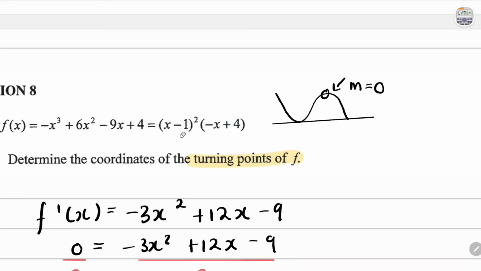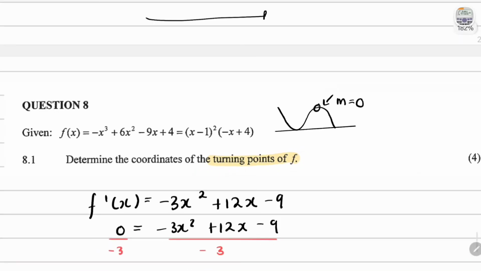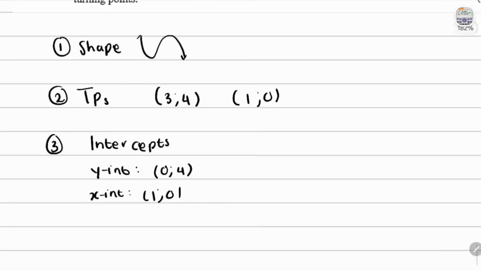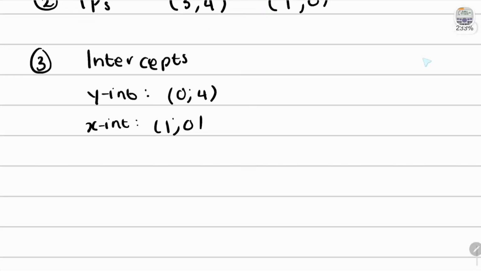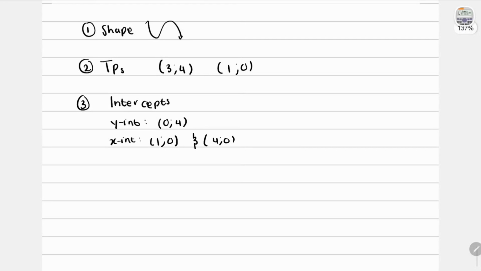You see, if you equated these to 0 as they are, (x − 1) all squared and then (−x + 4) equal to 0, then this gives you x = 1. And then for this, you just take the negative x over, so you have x = 4. Okay, so there we go. We could already see it from there. x is clearly just equal to 4. That's (4, 0). Okay, so that's really all we need.